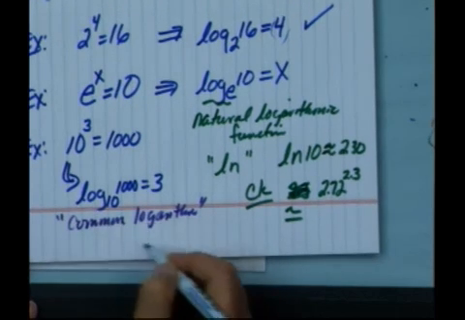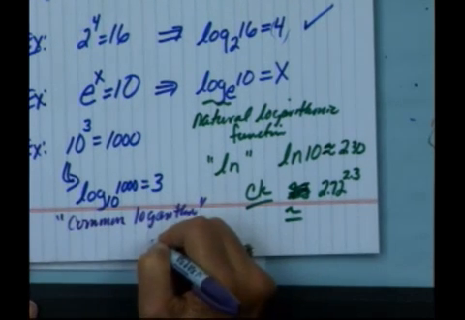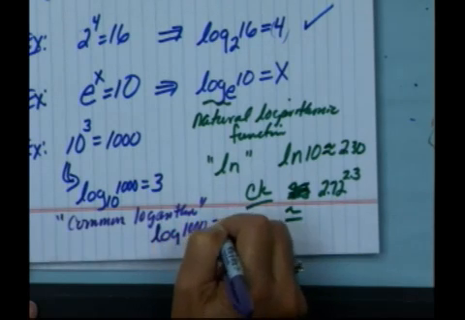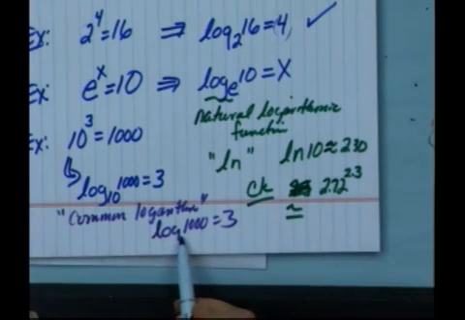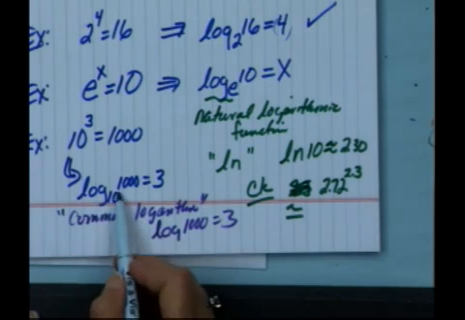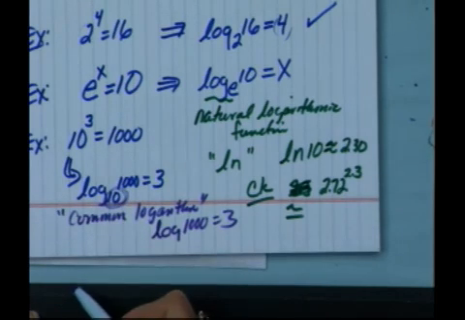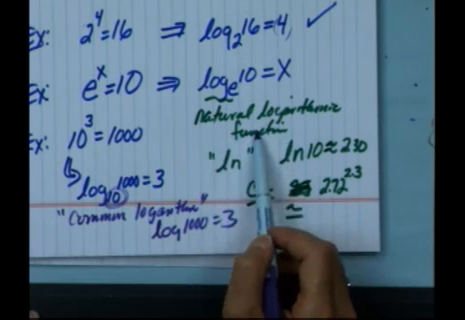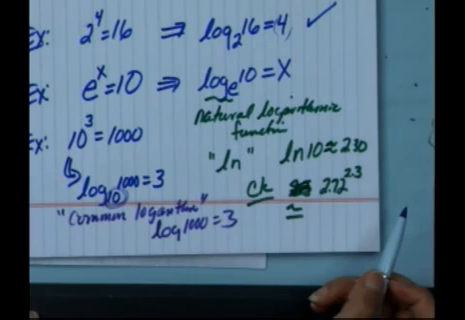All right, so to write a common log, you just write log 1000 equals 3. So when you don't see a base with log, it's understood to be base 10. When you see ln, that stands for natural log function, and that's understood to be base e.